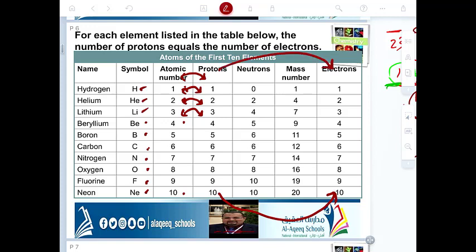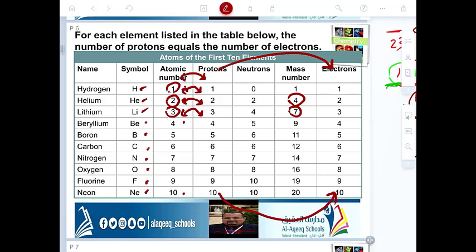Okay, if you want to know the mass number, it is not every time double the atomic number. Sometimes like this: helium, atomic number 2, mass number 4, double. But not every time. Look at lithium, 3, but mass number is 7.